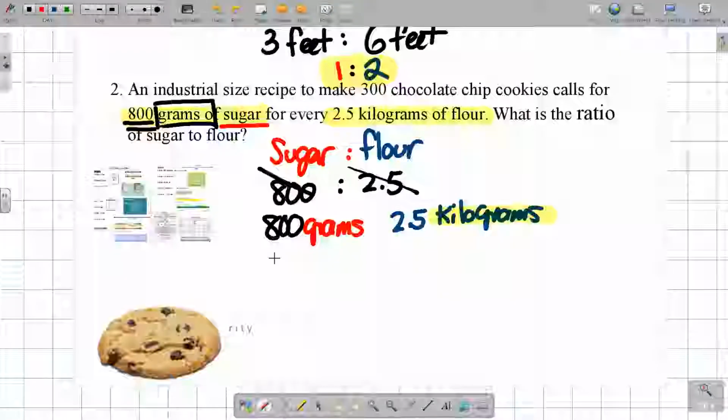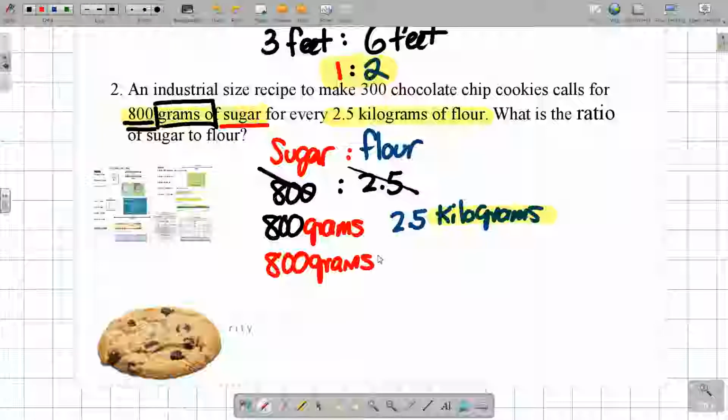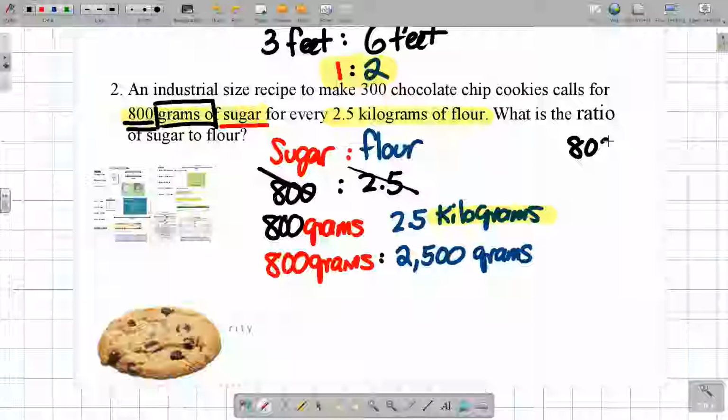So right here, if I have 800 grams of sugar, then this is going to be 2.5, that's 2,500 grams of flour. Now to make a ratio, you have to reduce. So we're going to reduce 800 to 2,500.